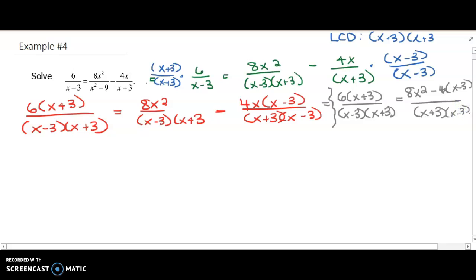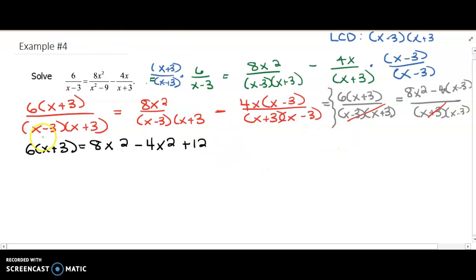Okay, now I have the same denominators on both sides. So what I can do is multiply both sides by the denominator, and what that does is it cancels the denominators out. So I'm left with 6 parentheses x plus 3 equals 8x squared minus, I'm going to go ahead and distribute this, 4x squared plus 12.